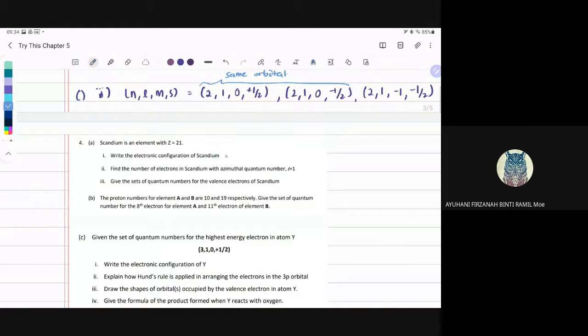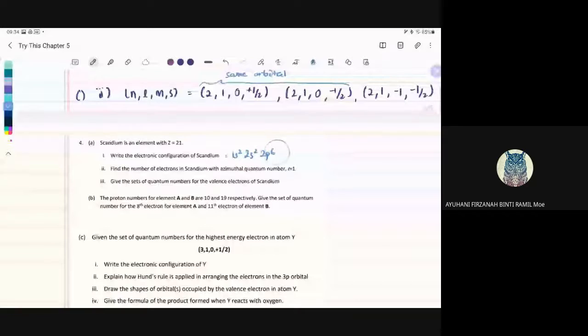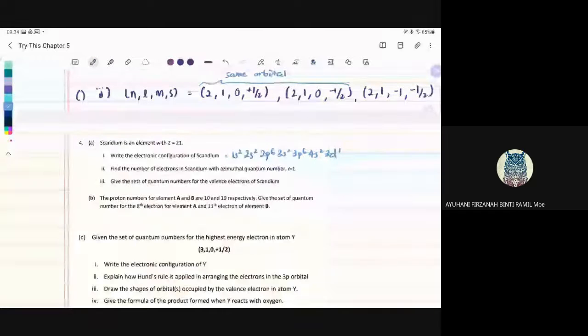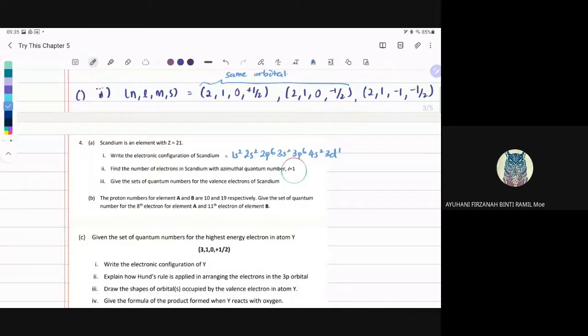So this one is 1s2, 2s2, 2p6, 3s2, 3p6, 4s2, 3d1. You should get this lah sampai 3d1. Kemudian, find the number of electrons in scandium with azimuthal quantum number L equals to 1. So, dia nak tengok L equals to 1.